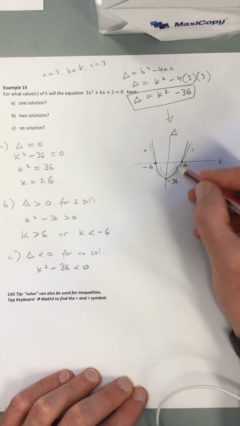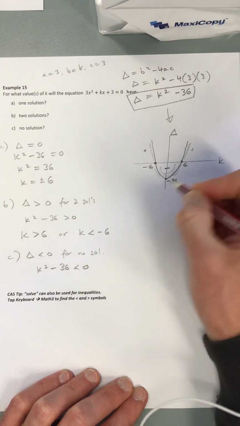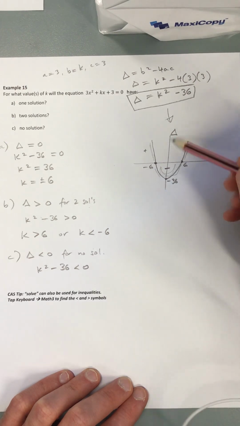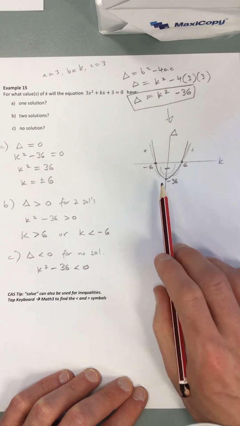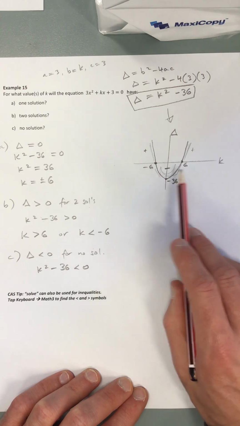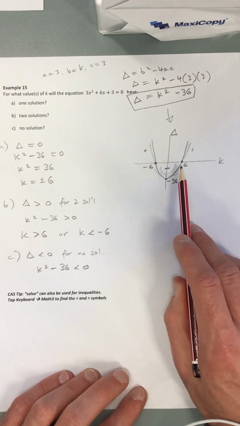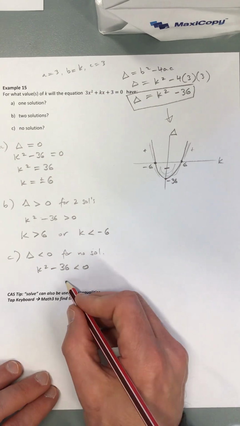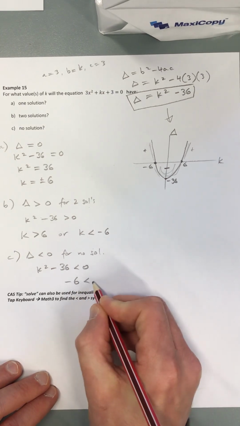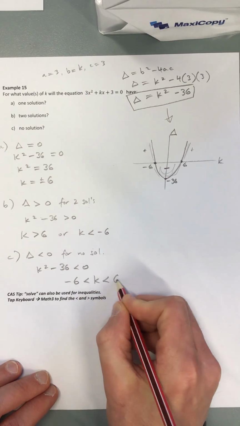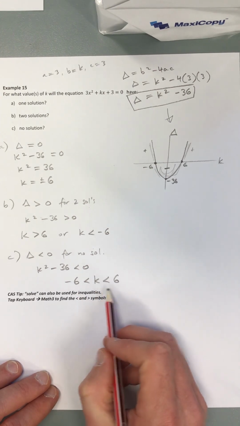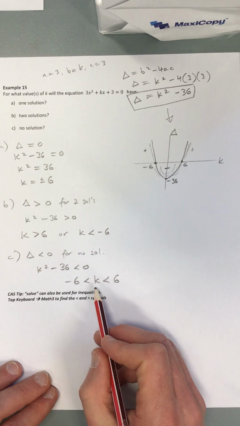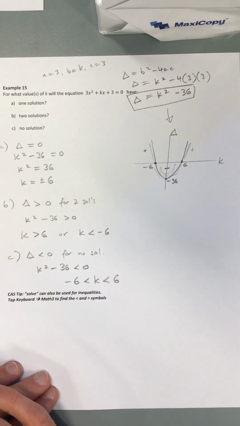In between these two x-intercepts, we actually have negative discriminant values because the y values are negative in that region of the graph. And that region of the graph happens when k is in between negative 6 and 6. So that will happen when k is greater than negative 6 and also less than 6. And it has to be both of them because k has to be in between those two numbers.